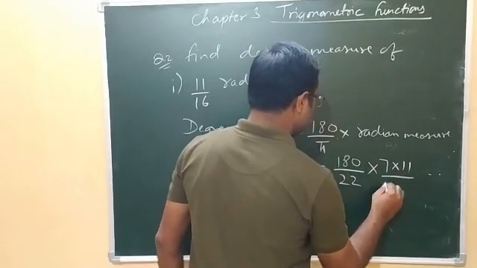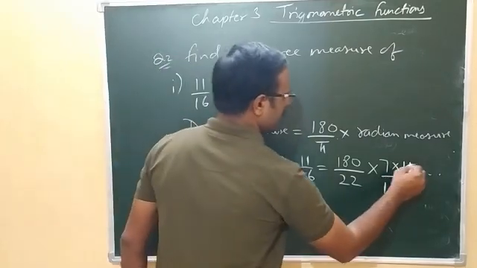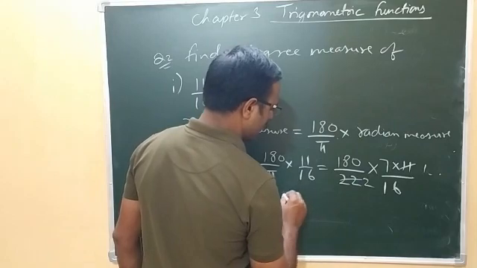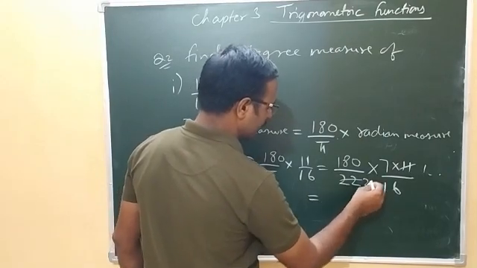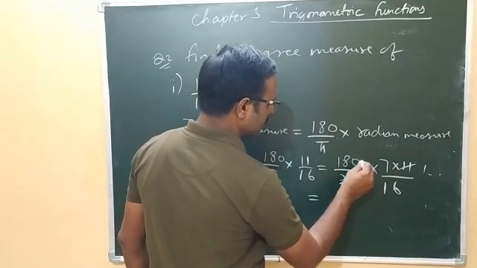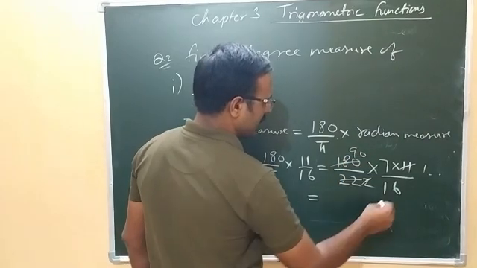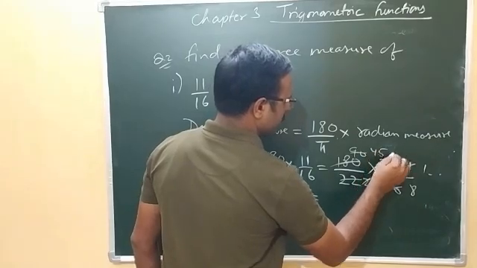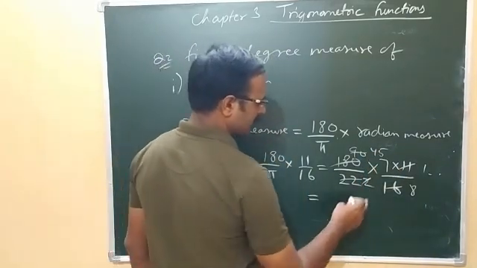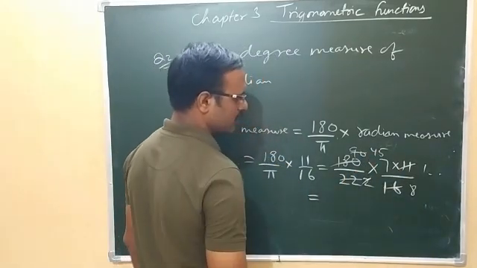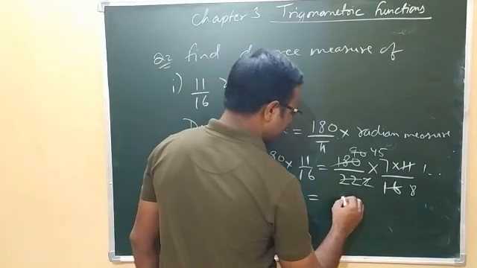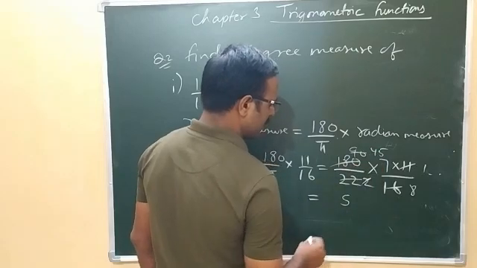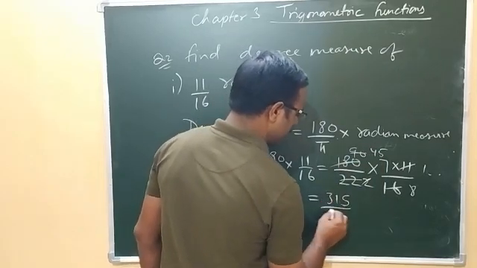Now 11 ones are 11, 11 twos are 22, and further you solve, this 2 will divide 180 to give 90, and it will be divided by 2 again, giving 8 and 45 here. So you can see 45 into 7. 45 into 7 will be 315 upon 8.